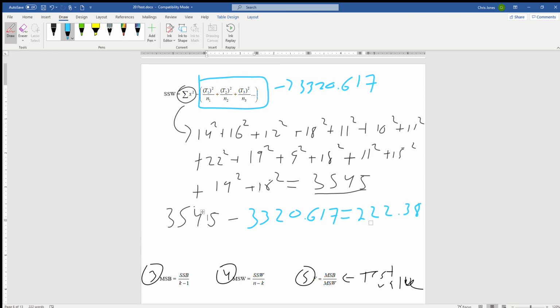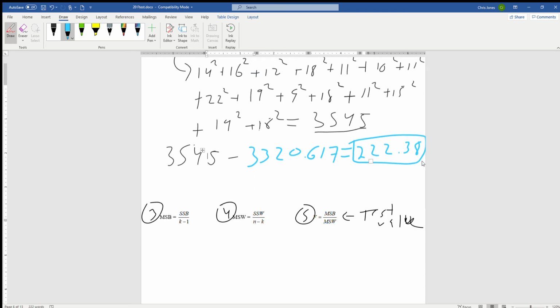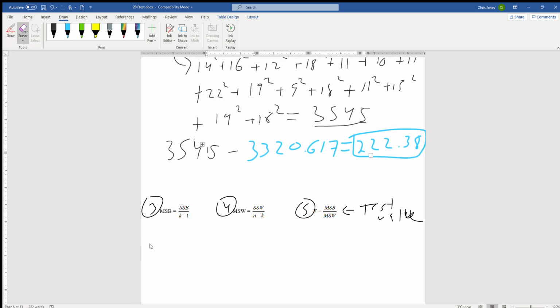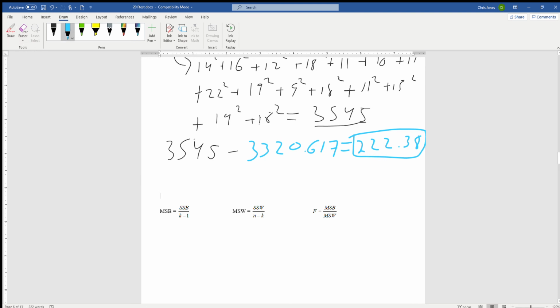We're going to hold on to that number as well, because those are the numbers that we stick into our final three formulas. The rest of this is fairly easy at this point. Next we need SSB.